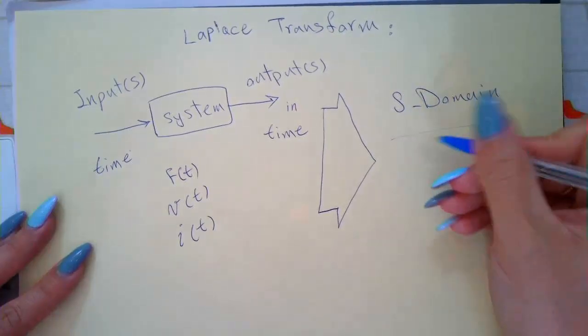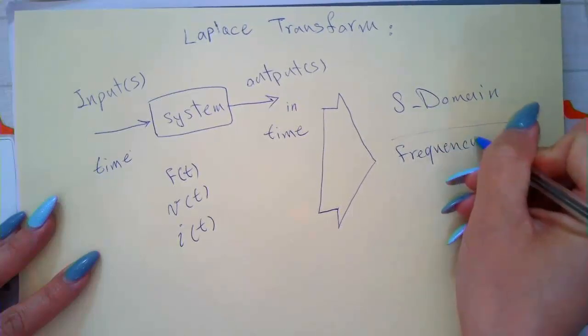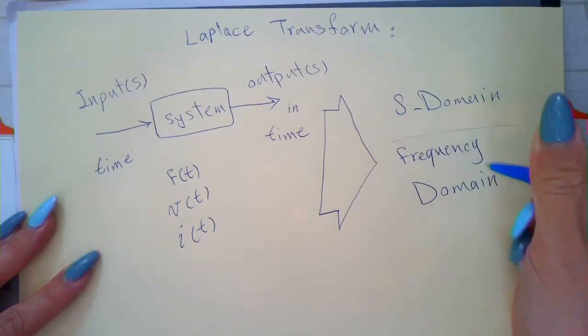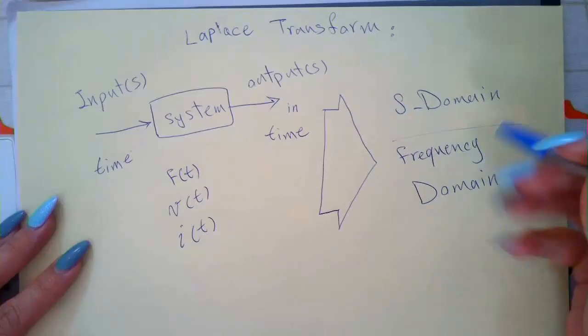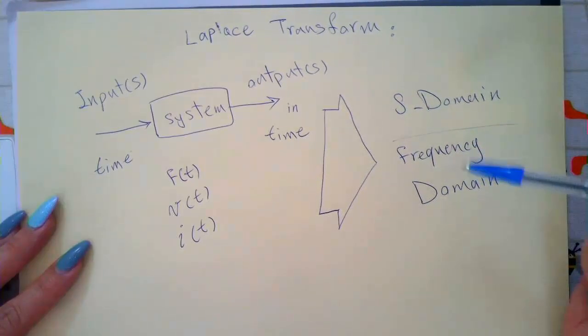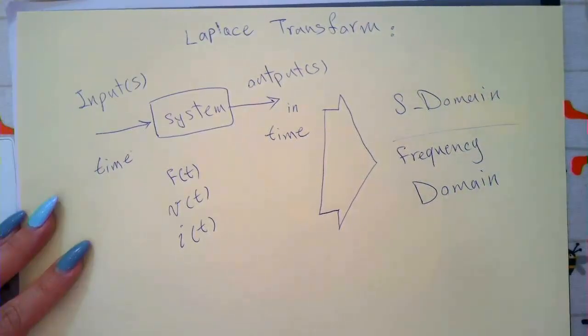Sometimes you might hear people saying frequency domain. This frequency domain is also commonly in use by engineers and designers, and they are looking at the system from a similar perspective. Remember, this frequency domain is different from the frequency of oscillation that we were talking about.